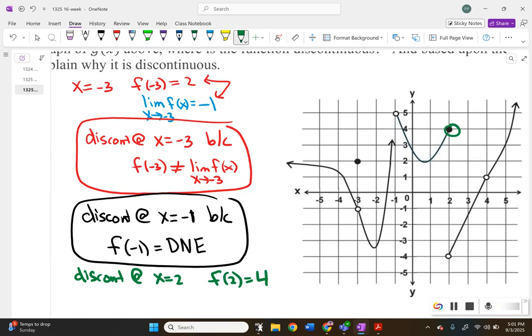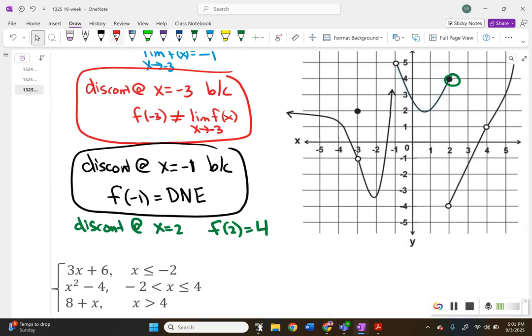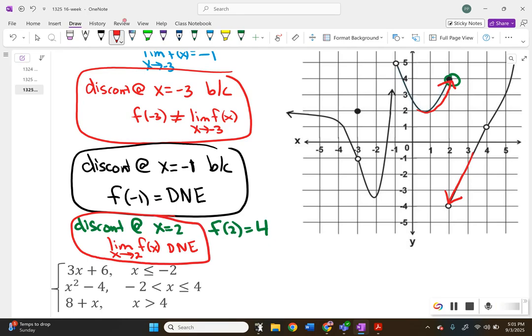That happens at 4. The next thing I would check is, does the limit exist? So as I approach 2 from the left and from the right, am I approaching the same y value? And no, I'm not. So the limit as x approaches 2 for this function does not exist. That is why it's discontinuous there.